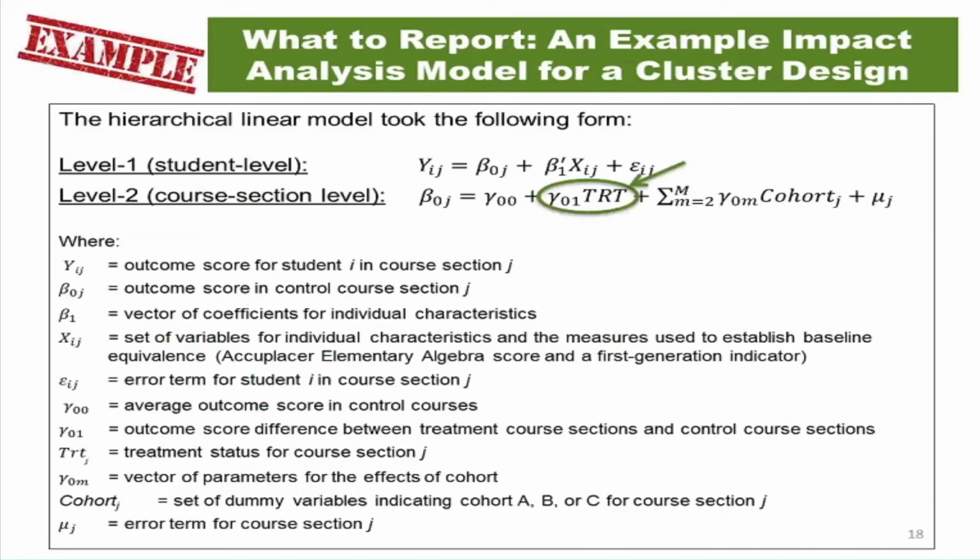The treatment variable is included in the level 2 equation to represent treatment and comparison course sections. There's a set of dummy variables to represent blocking of course sections by cohort. And the model controls for baseline student characteristics, including the baseline measures that are required to establish baseline equivalence.